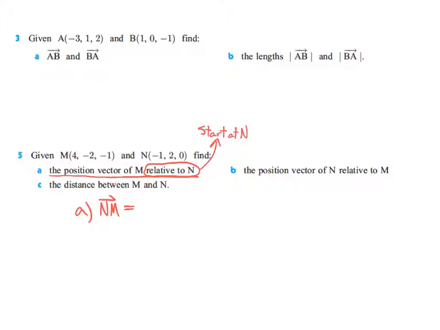B is asking you to find which vector? MN. Which you can just make negative.